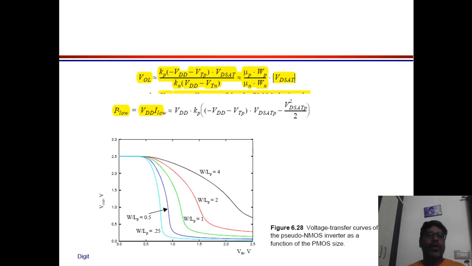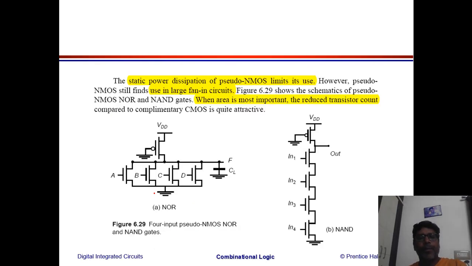And of course you have static power consumption, and based upon the width of the PMOS load, you can even see how the VTC, the voltage transfer characteristic, changes. In the earlier discussion we have seen that when the VTC changes, it will again change the noise margin of that particular circuit. That's what is happening here.